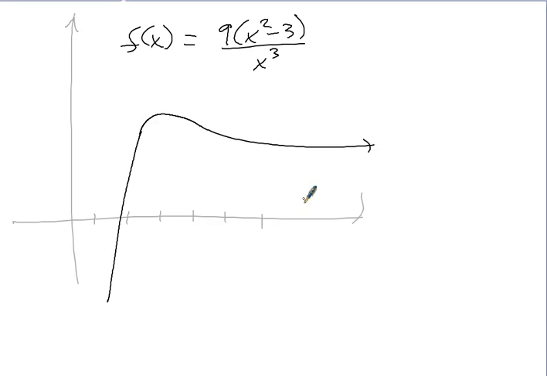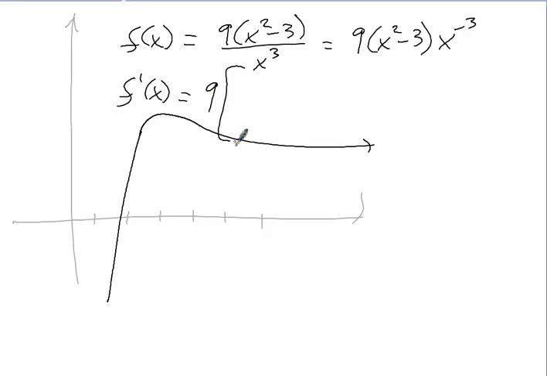You should use quotient rule, but I could use product rule also. I could rewrite this as 9 times the quantity x squared minus 3 times x to the minus 3, and pretty easily make that into a product rule thing, right? And so if I'm going to differentiate then, f prime of x, I can leave the 9 out front.